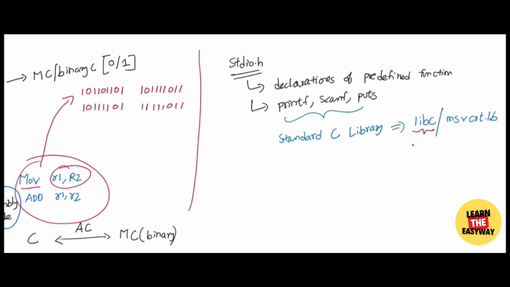This libc is for Linux based systems, and this one is for Windows based systems. So these are C libraries, and these libraries will contain the final binary code of printf, scanf, puts, and all of these predefined functions. Somehow we need to bring the library code into our code.